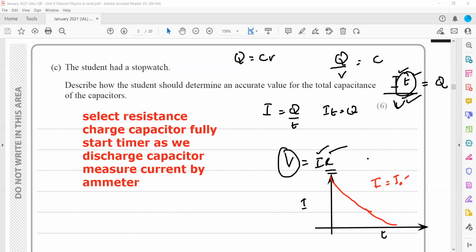I naught is the maximum current, we can have any current as I, any specific time T, and R times C. So we can use this formula to work out the capacitance as well. Is it clear, how to work out the capacitance?